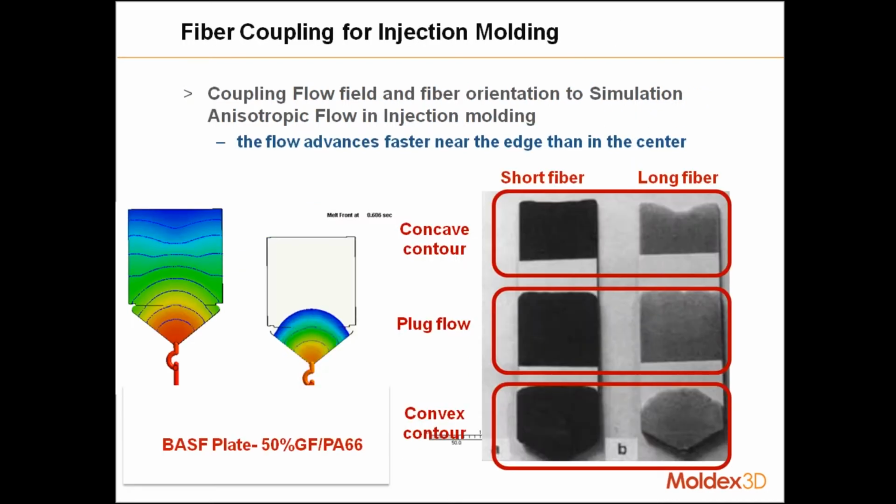After we consider the enhanced fiber solver, we can see that this melt front can be perfectly predicted, as we found in the experimental data for long fiber, as we can see on the right-hand side.